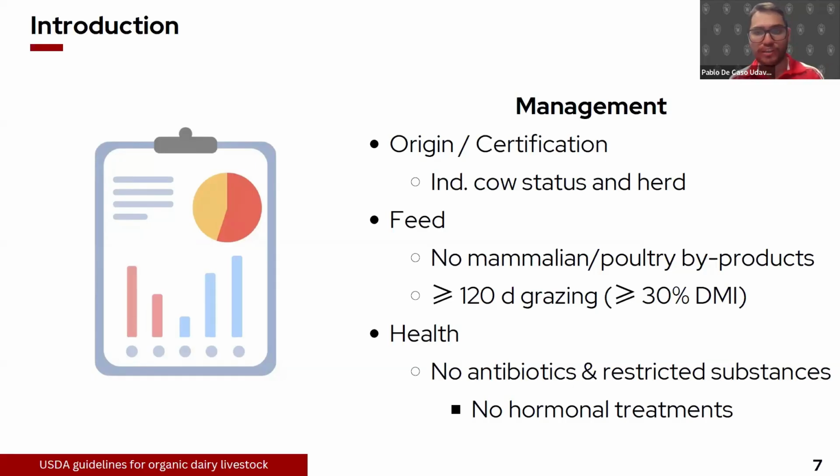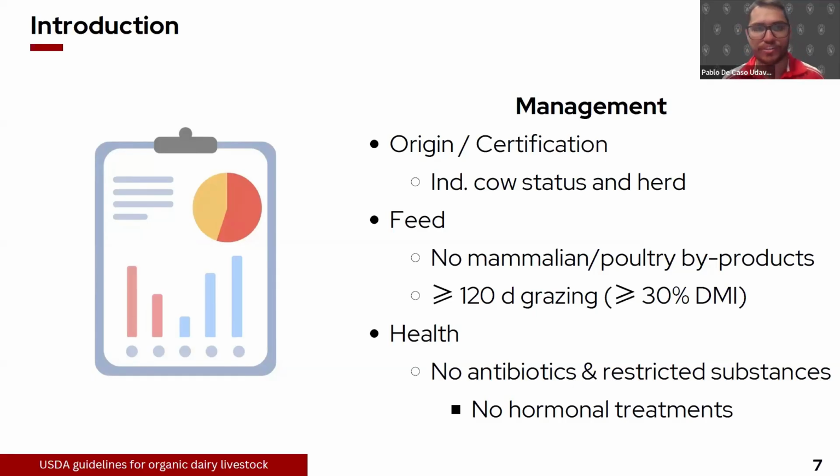And most importantly, they need to have at least 120 days of grazing per year, which could easily equate to a third of the year. And from those 120 days of grazing, at least 30% of the dry matter intake, which is how much feed a cow can eat in a day, should come from that grazing. That shapes quite a bit the panorama and the scenario for these kinds of herds.